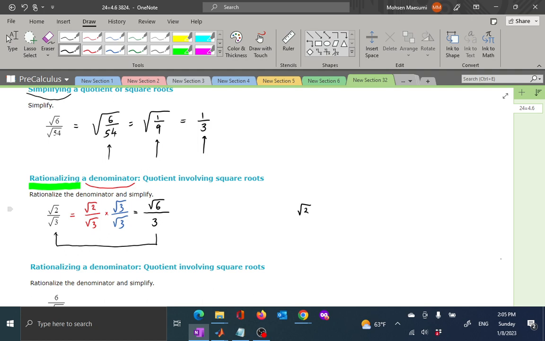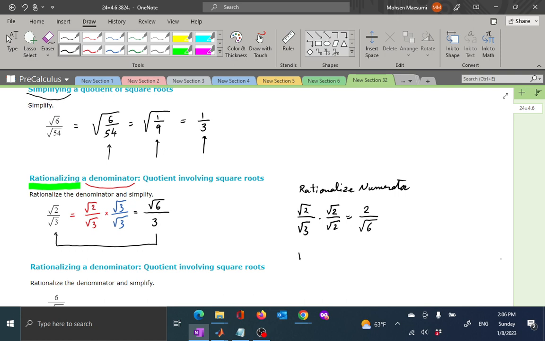If it had said rationalize the numerator, so radical 2 over radical 3, you take it and multiply by radical 2. Radical 2 times radical 2 is just 2, and the denominator is just radical 6.